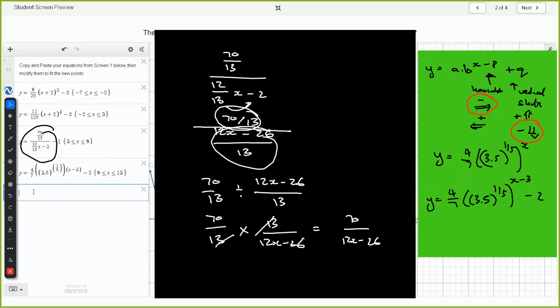I'm going to put it here, and then we'll check if it works. If it does work, then I'm going to remove the other one because it's neater. 70 over 12x minus 26. We generally don't like fractions in there, but it does work. If you have time, it will be good to make sure that you get that done. 3 less than or equal to x less than or equal to 8.